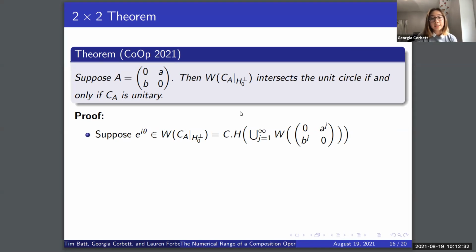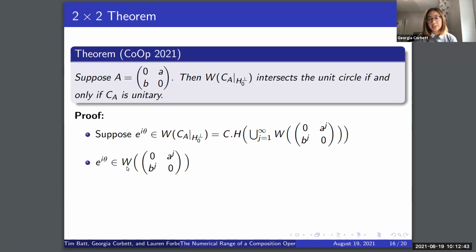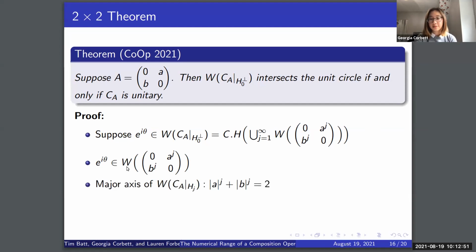We let e to the i theta be in the numerical range, which is just the convex hull of the union of infinitely many ellipses. And because e to the i theta is an extreme point of the unit disk, e to the i theta must lie on one of these ellipses for some j, and the major axis of that ellipse must equal 2.